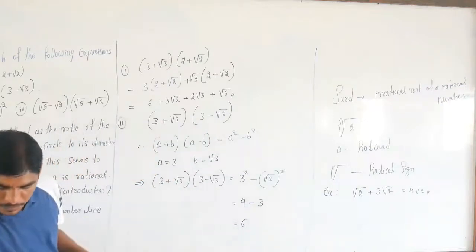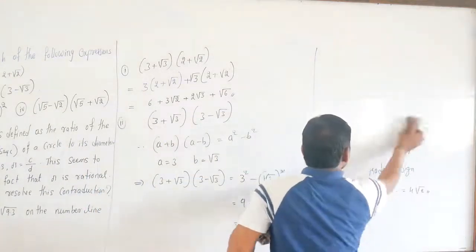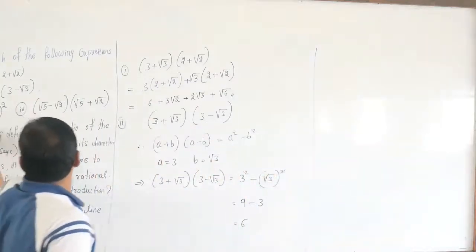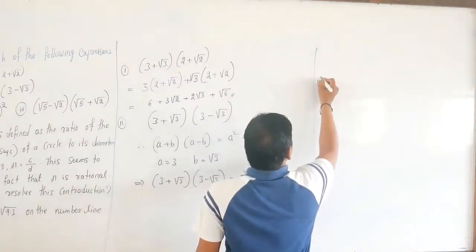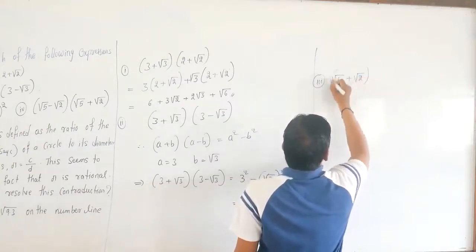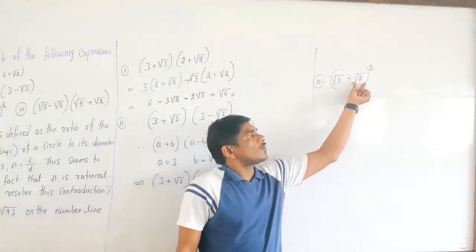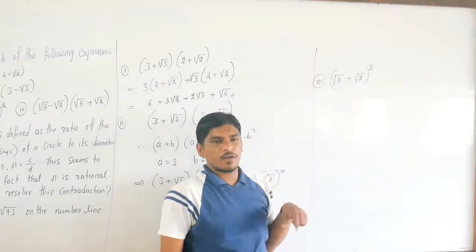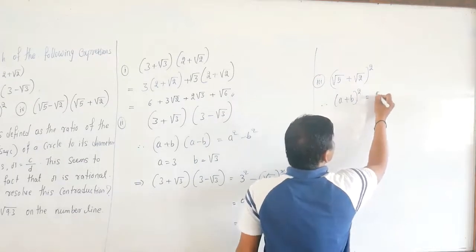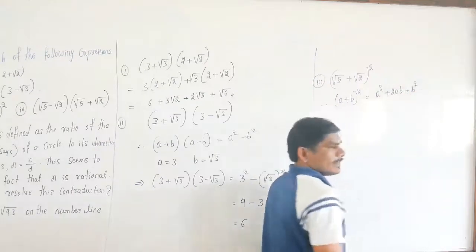Now the next question, the third one, is root 5 plus root 2 whole square. Here root 5 is a and root 2 is b, the a plus b whole square form. Therefore a plus b whole square is equal to a square plus 2ab plus b square, which is a standard identity.